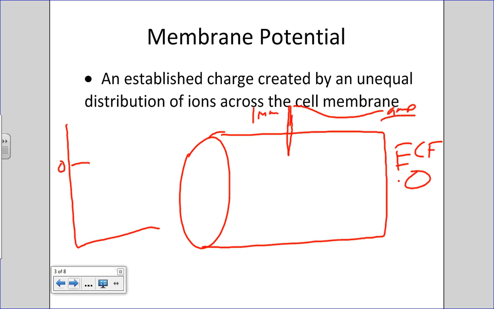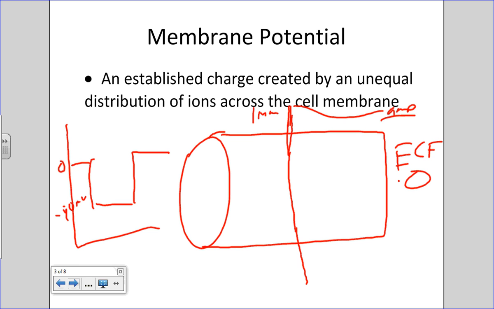Now you're going to see a dip, which may go down all the way to negative 90 millivolts. Then if I continue to pass this electrode through the cell, it remains negative, and once I pierce through the other side of the cell, you'll see it go right back up to 0 again.